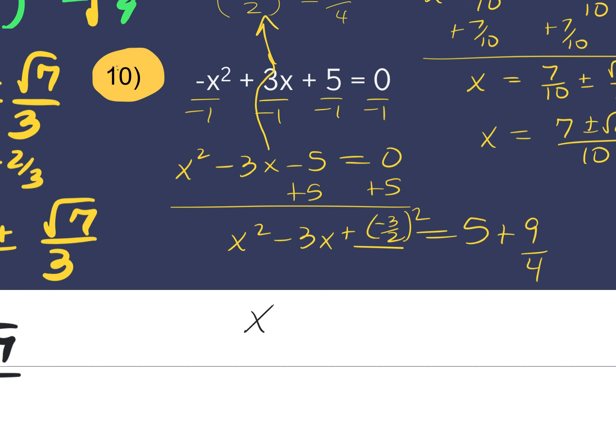Now, factor. Common denominator here is going to be 4. It's 3 over 2 plus or minus. So this will become 20 over 4. So this becomes 29 over 4.